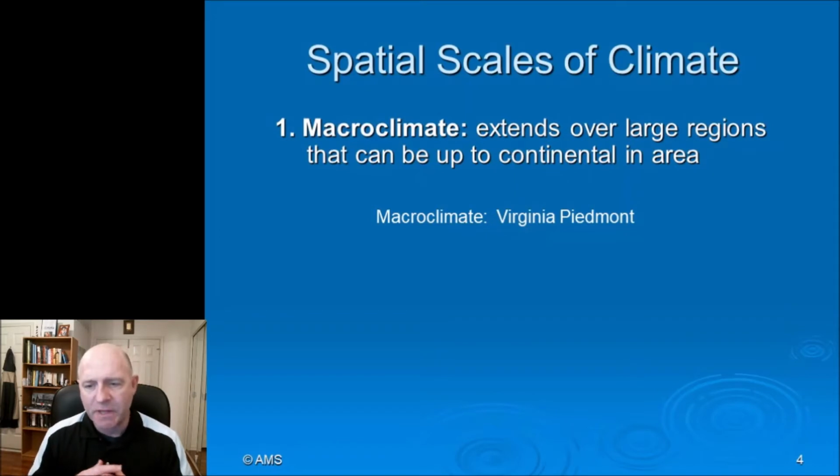So as we think about Lynchburg in particular, we think about the Virginia Piedmont locations as a macroclimate, anywhere that's just immediately eastward from the Blue Ridge all the way to the fall line. Let's say that area between about Lynchburg and Richmond, or from Charlottesville to Fredericksburg. That's the area we would consider the Virginia Piedmont.